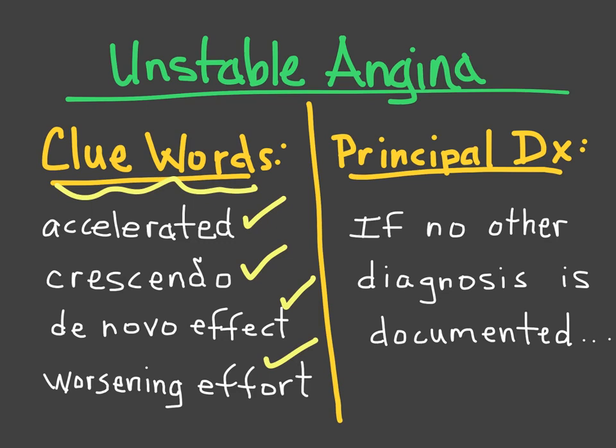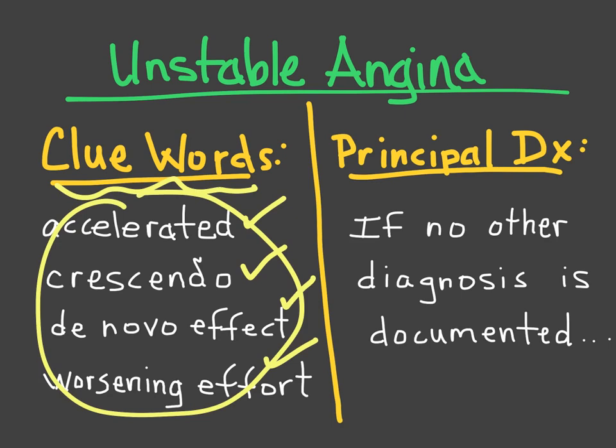If you see any of these words documented within the record, just know that they are actually referring to unstable angina. Now, unstable angina may be used as a principal diagnosis only if no other diagnosis is documented.